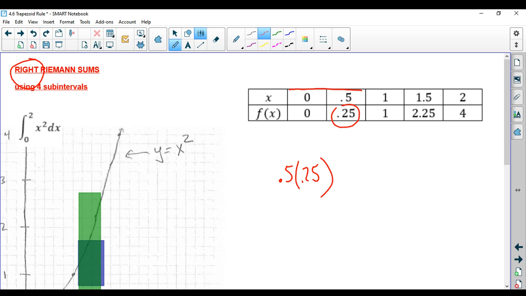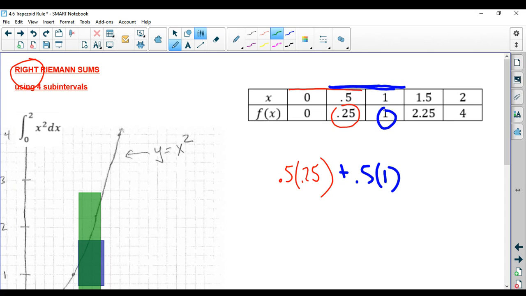The second rectangle, now we're starting at 0.5 and we're ending at 1. See, there's a little overlap. It looks like a little overlap, but it's not. It's just because we're using a table. 0.5 to 1 is the second rectangle, and its length is still 0.5, and its height, based off the right, is 1.